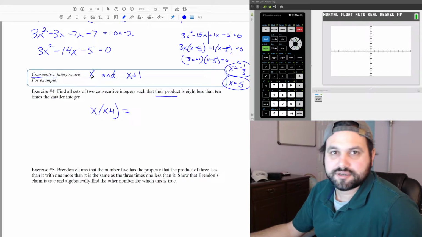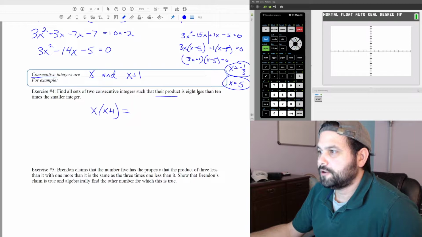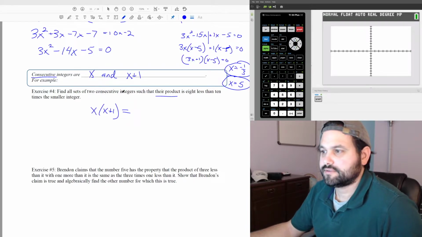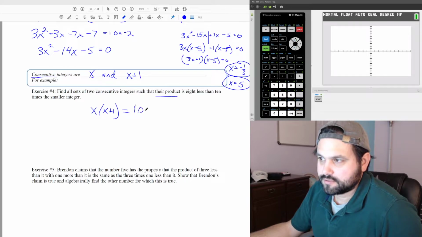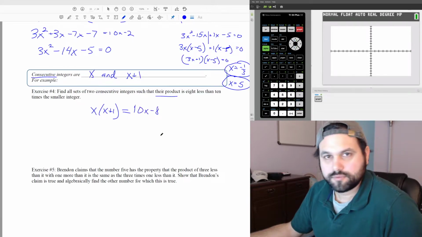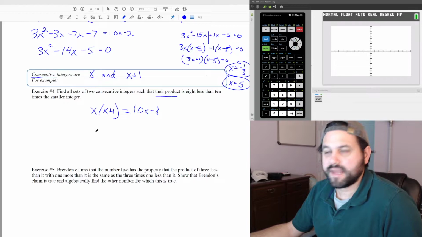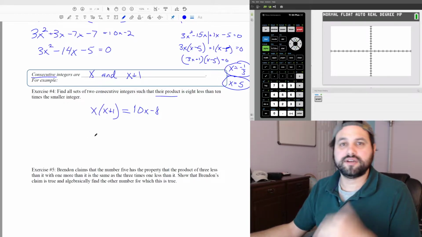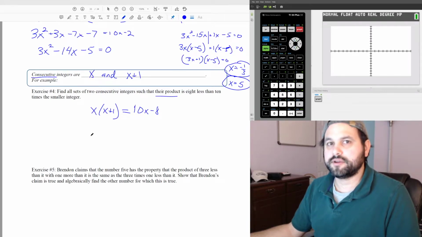Smaller integer is x. So 8 less than 10x. We should have that. And now we're going to go ahead and solve this. So again, I would ask you to pause, try and solve this by yourself first, and then I'm going to go through it.